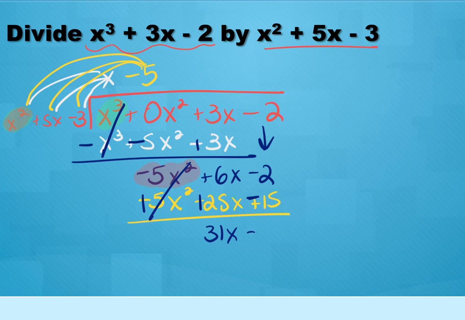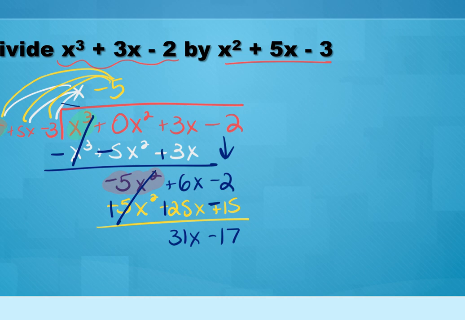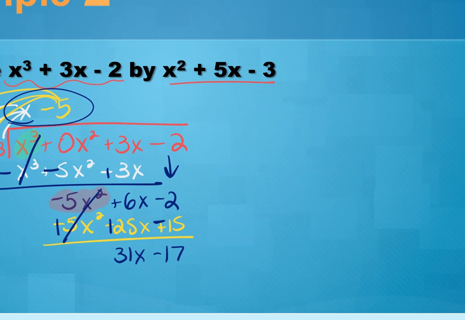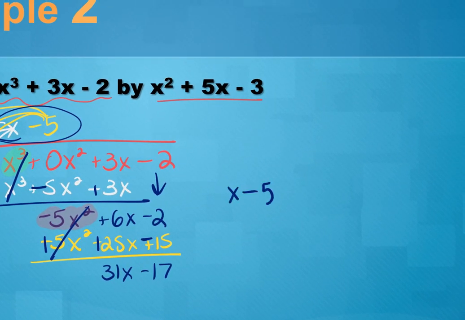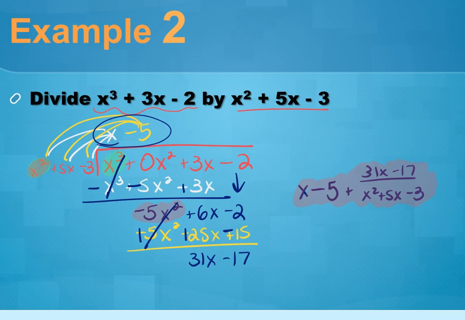Negative 2 and negative 15 is negative 17. And that whole thing is my remainder. So my quotient is x minus 5 plus 31x minus 17 over x squared plus 5x minus 3. Questions on that one?